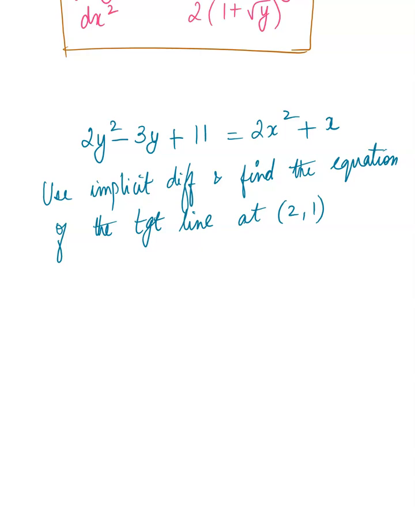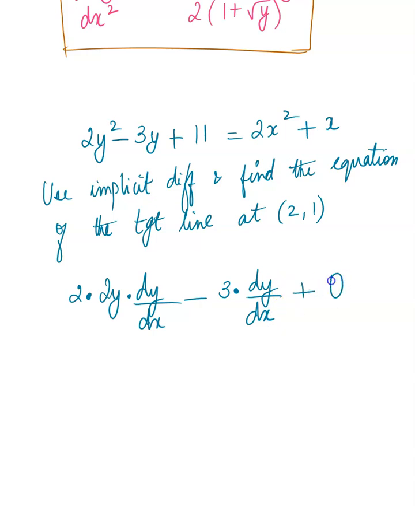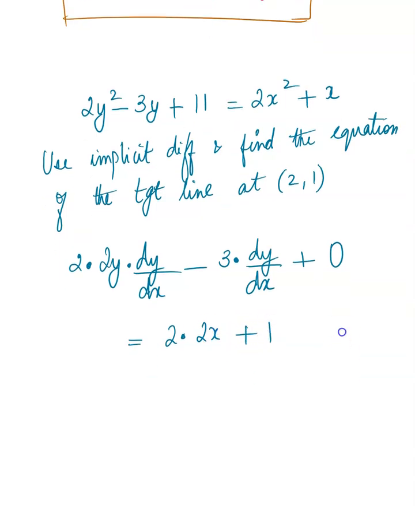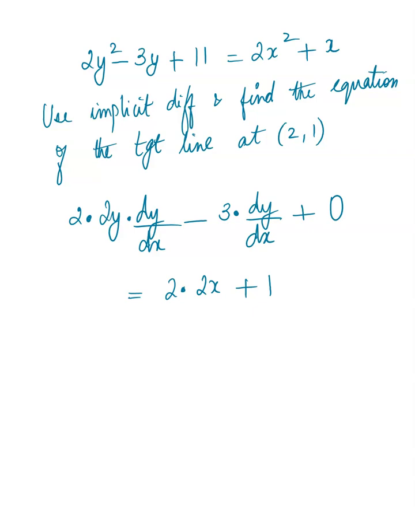Because of the implicit nature of this expression, you'll have to do 2 times 2y dy over dx minus 3 times dy over dx plus 0 for the 11 equals 2 times 2x plus 1. The derivative of the right-hand side, they're all x's, so no problem there. And so that's going to be 4y dy over dx minus 3 dy over dx equals 4x plus 1.